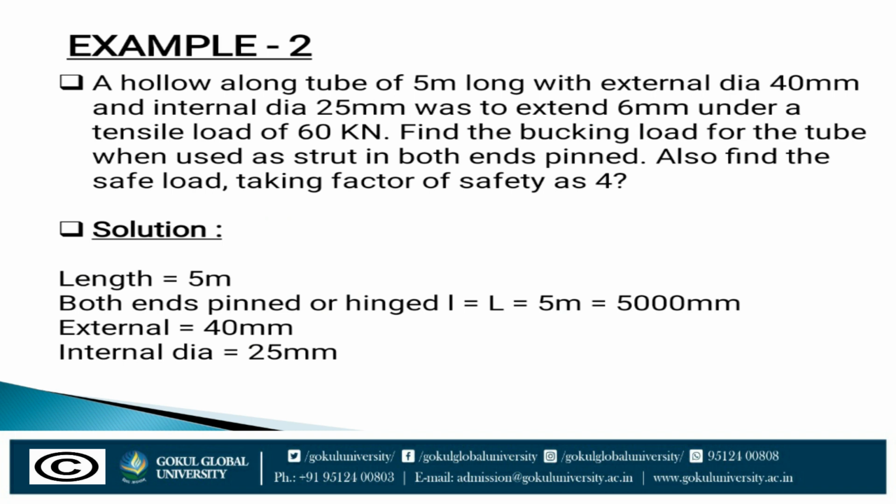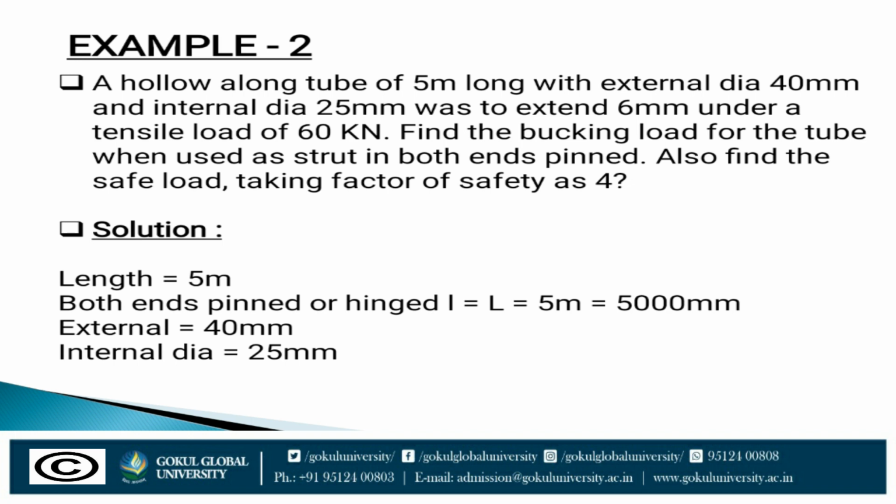Also find the safe load, taking the factor of safety as 4. So in the solution, first of all we write down some given data. First the length, it is 5 meter. Both ends pinned or hinged, so equivalent length is equal to actual length. So 5 meter is equal to 5000 mm.